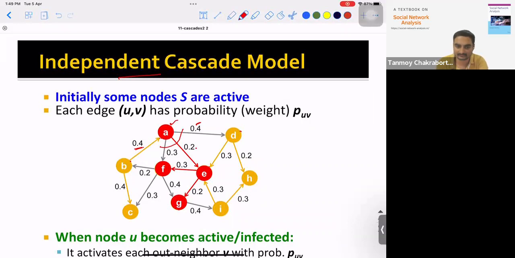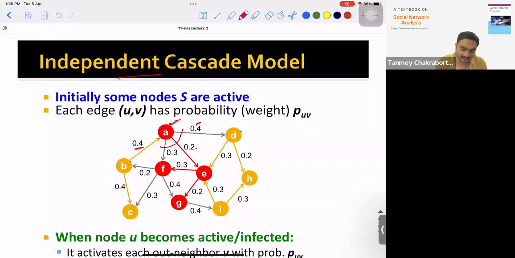These probabilities depend on the situation, on the setting, and on how users want to model. Let us assume that you know all the probabilities associated with edges. How do you then grow a particular cascade?